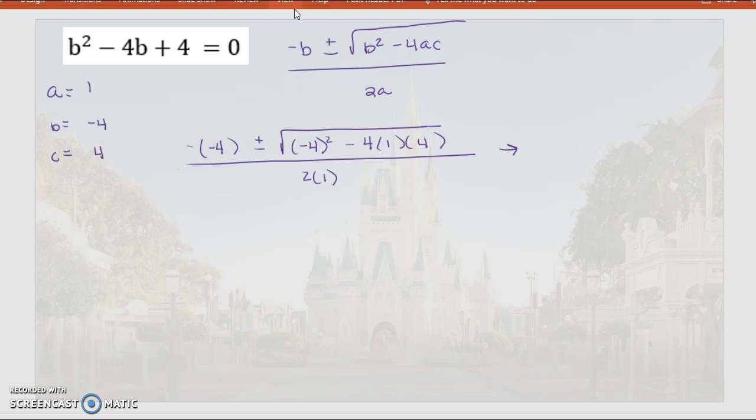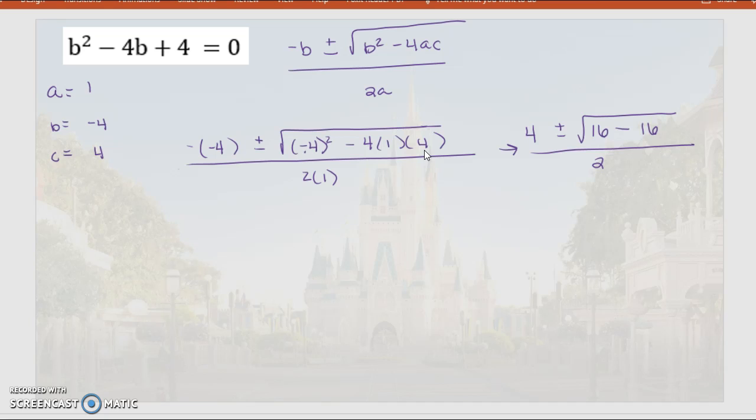All right, let's keep going. A negative times a negative turns into a +4 plus or minus the square root of -4 squared, which is +16, minus... I always write that minus because you never know. 4 times 1 is 4, and 4 times 4 is 16, all over 2.